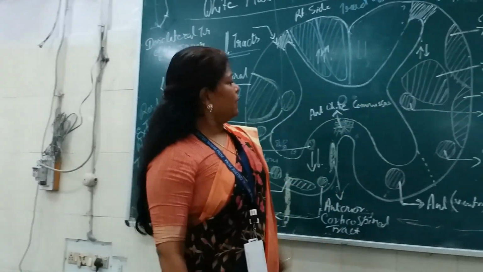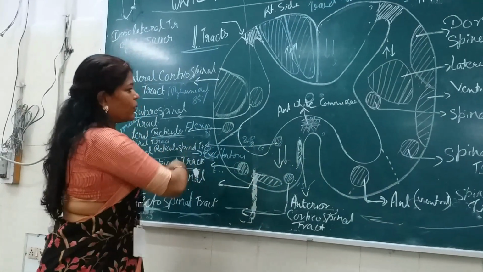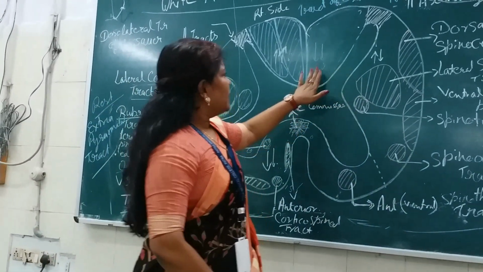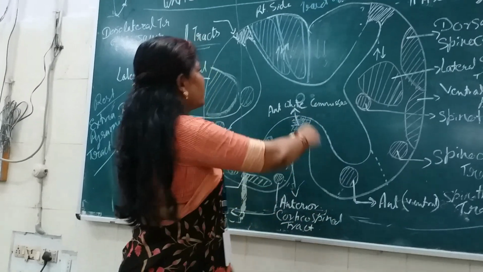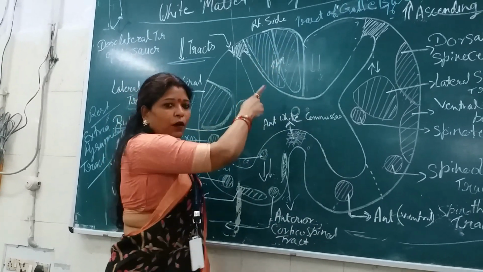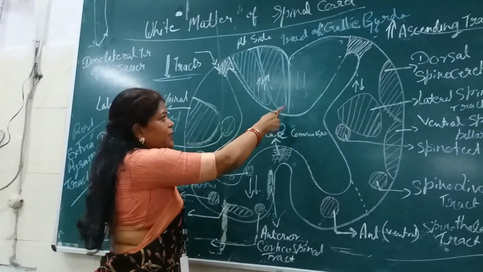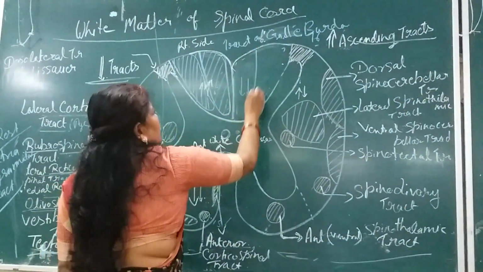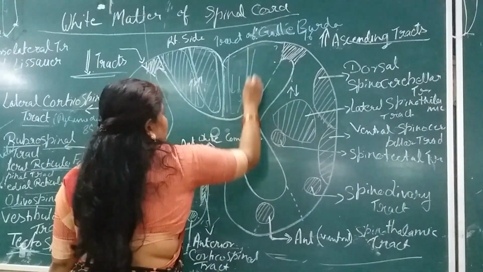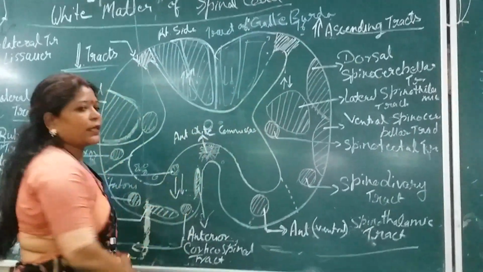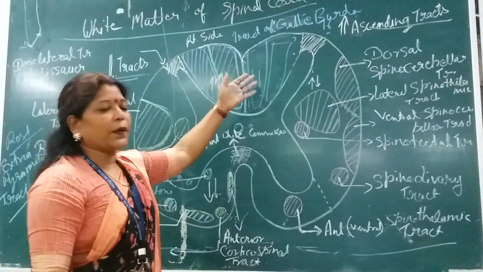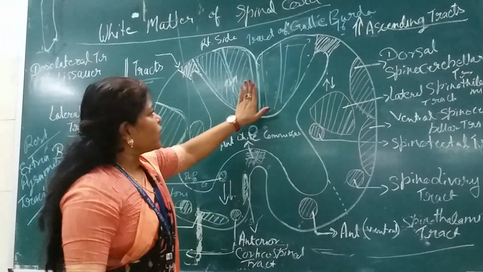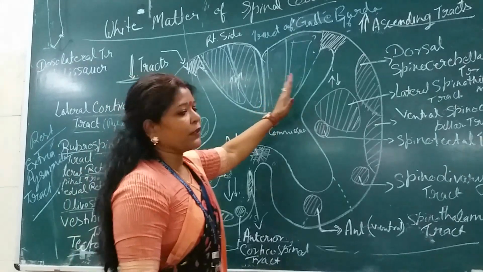Now, so this was all about the descending tracts. Now come to the ascending tracts. Ascending tracts we have discussed here in the dorsal column: the fasciculus gracilis and the fasciculus cuneatus. They were taking the sensory impulse, that we have seen. So in the fasciculus gracilis, what will be the pattern of the fibers?